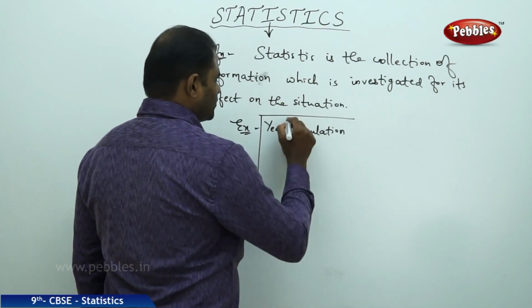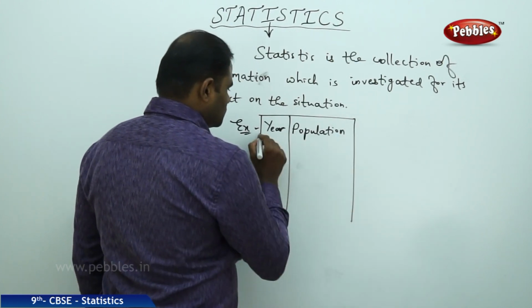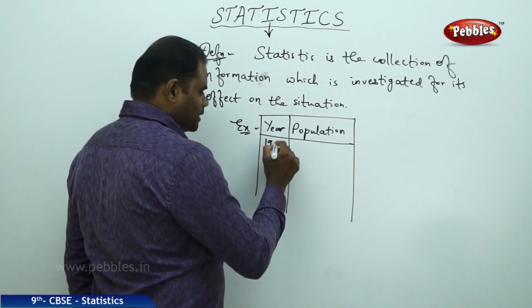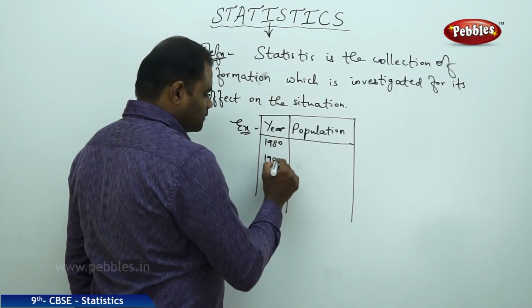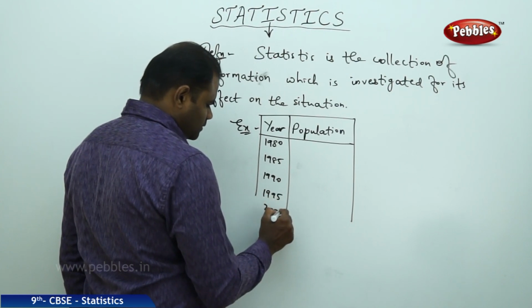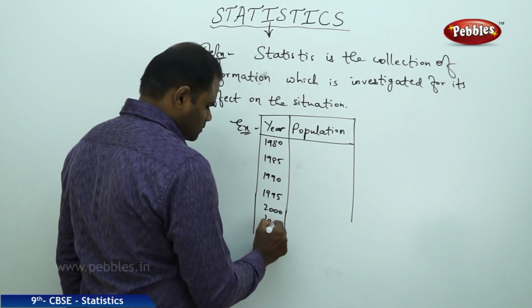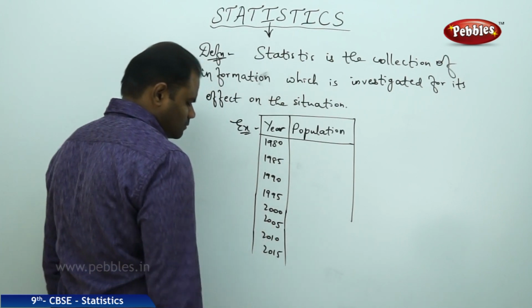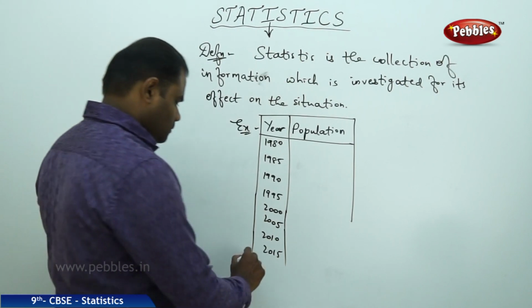If I take the year and the population, what happens? Let's see. Say I start from 1980, 1985, 1990, 95, 2000, and so on and so forth.